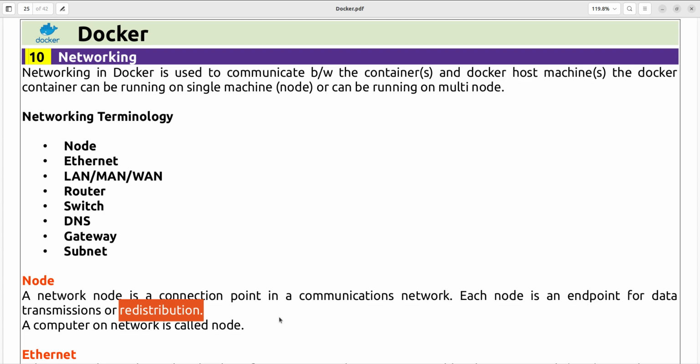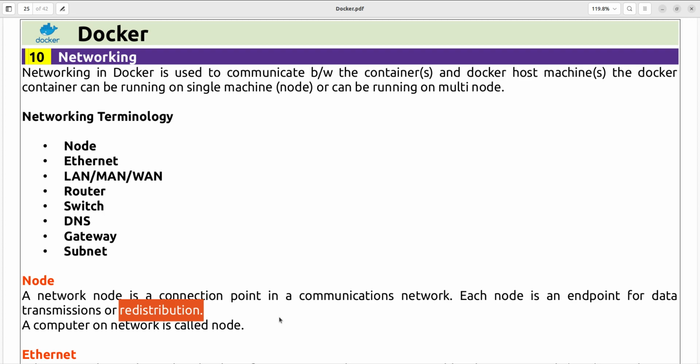Suppose from computer A to computer B we have to send data. If the data is sent successfully from computer A to computer B, we can say that data traveled from one networking endpoint to another communication endpoint.